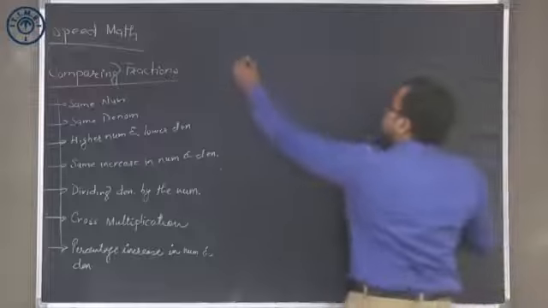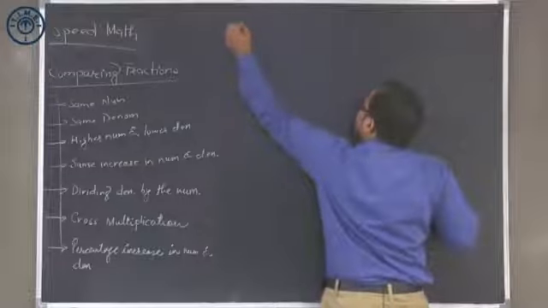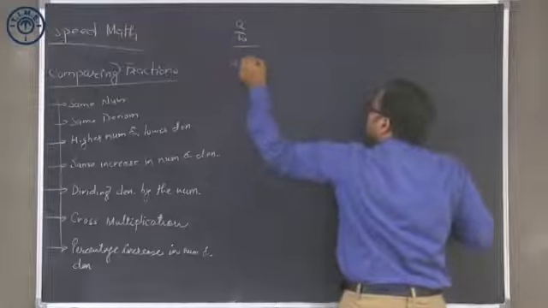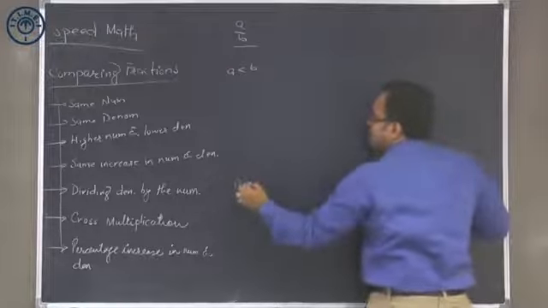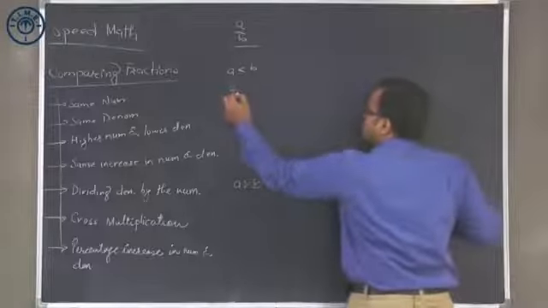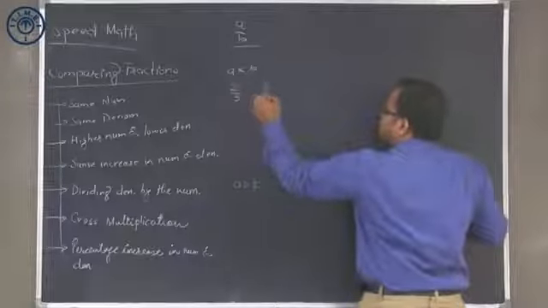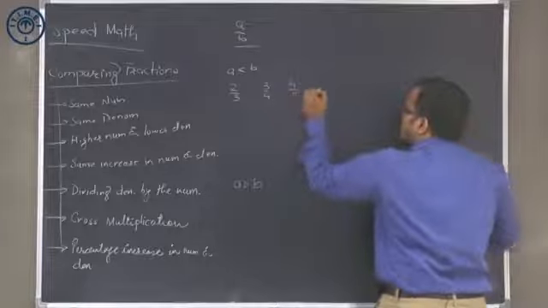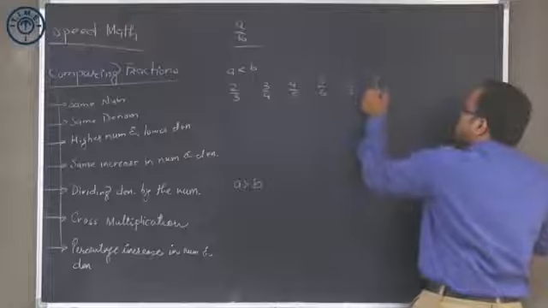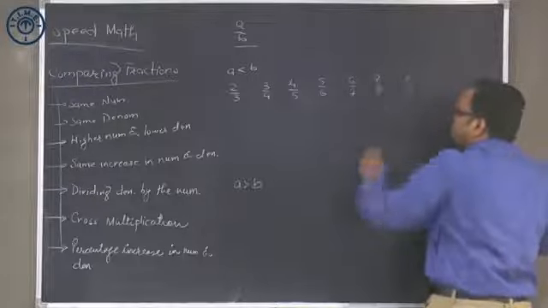Same increase in the numerator and denominator. There can be two possibilities. Let us say a fraction is of the form a upon b. In this, the first case is a less than b, and the second case is a greater than b. If a is less than b, let us say we have to compare 2 upon 3, 3 upon 4, 4 upon 5, 5 upon 6, 6 upon 7, 7 upon 8, 8 upon 9.